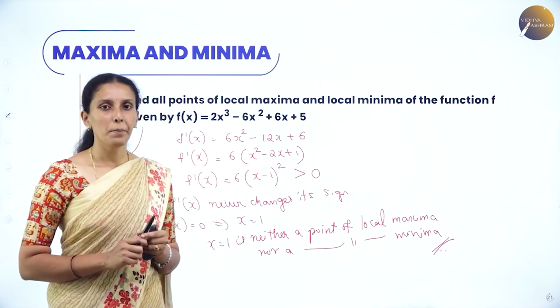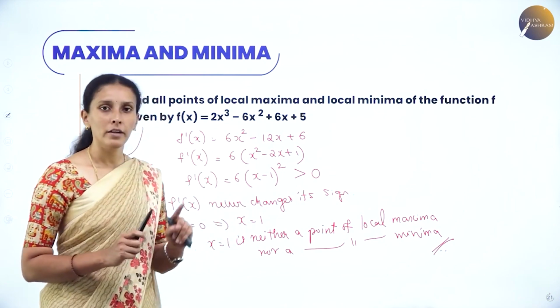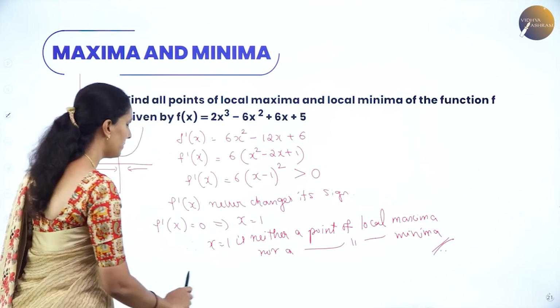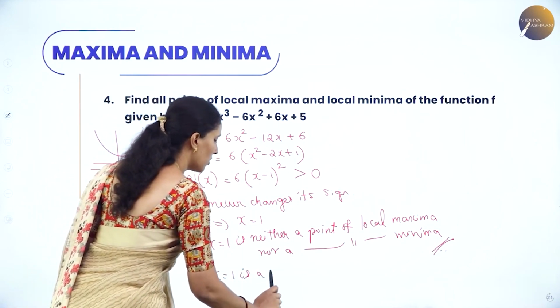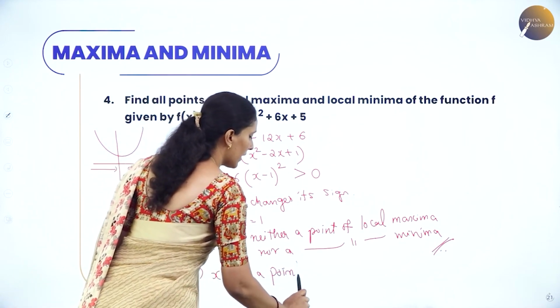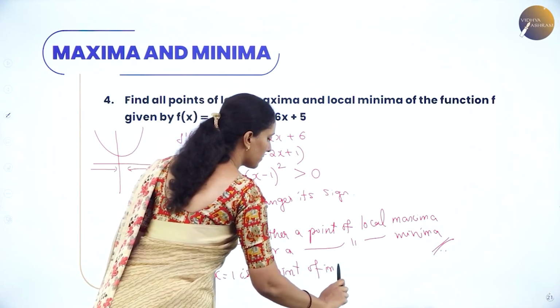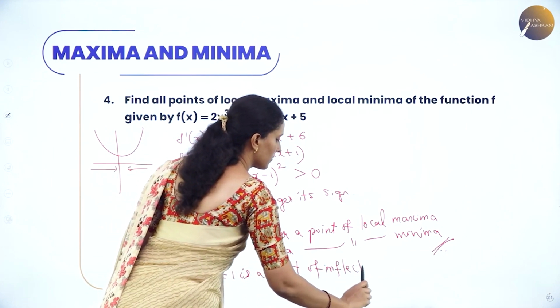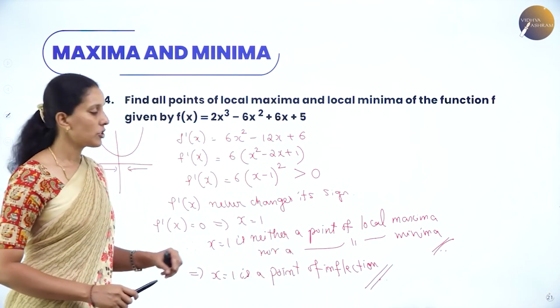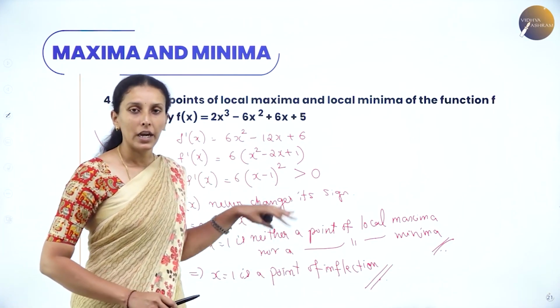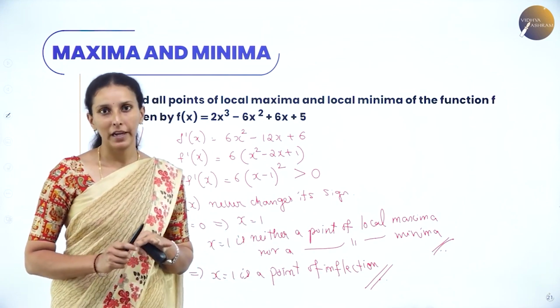If it is neither a point of local maxima nor a point of local minima, this implies x is equal to 1 is a point of inflection, because the function has never changed its sign, and hence we call it a point of inflection.